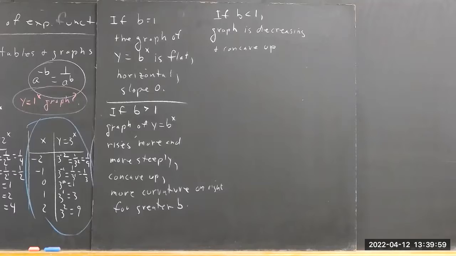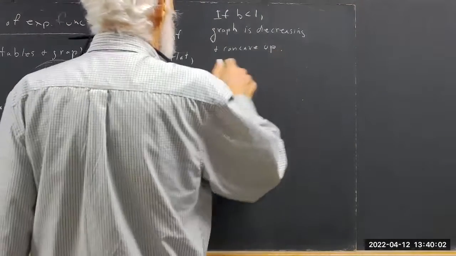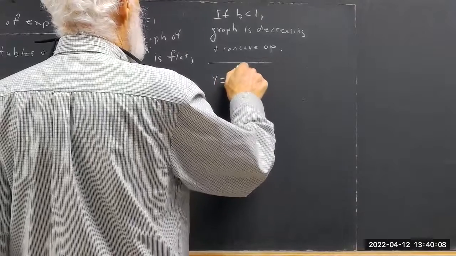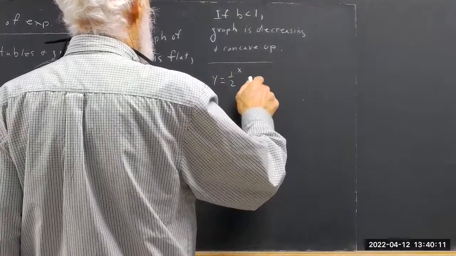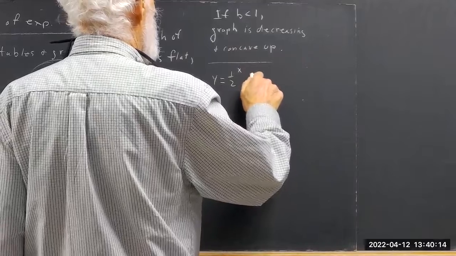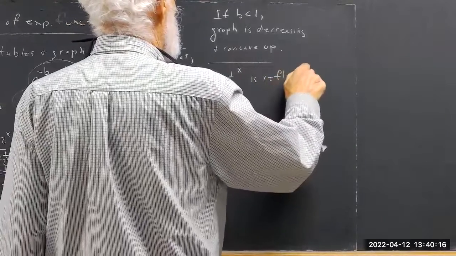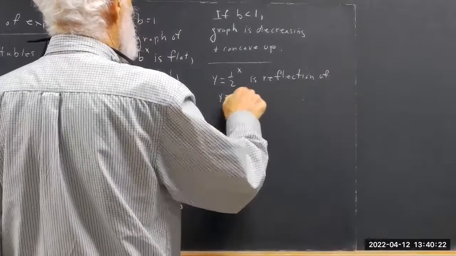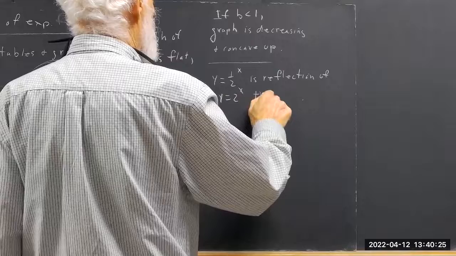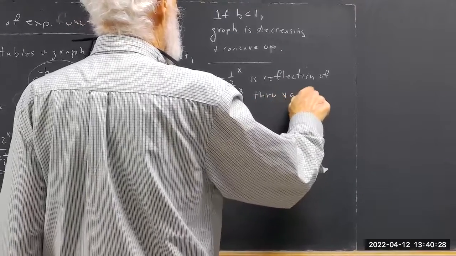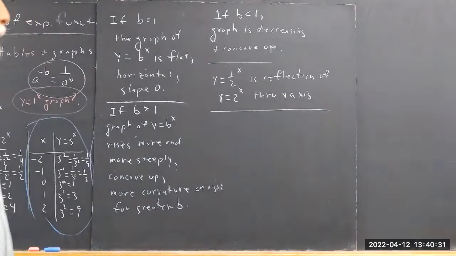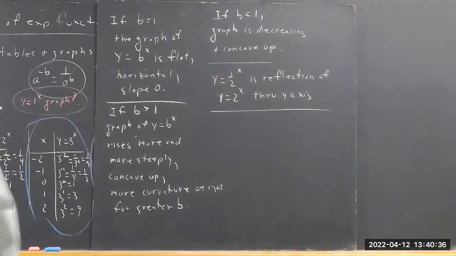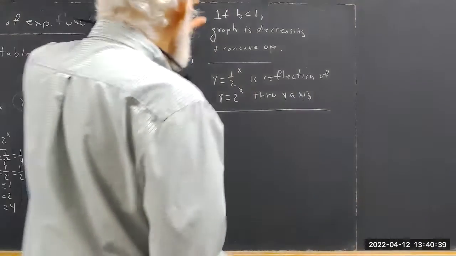Okay. That's another thing. y equals 1/2 to the x is a reflection of y equals 2 to the x through the y-axis. Okay, you can see the reflection. We pointed it out before, but just to be sure.